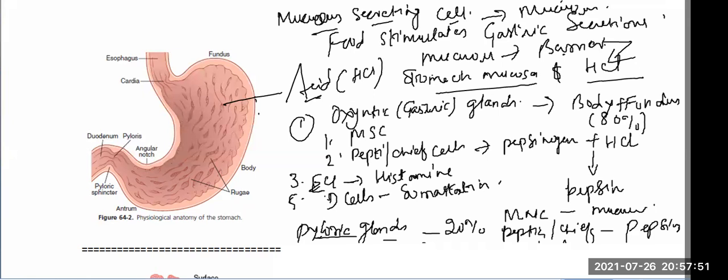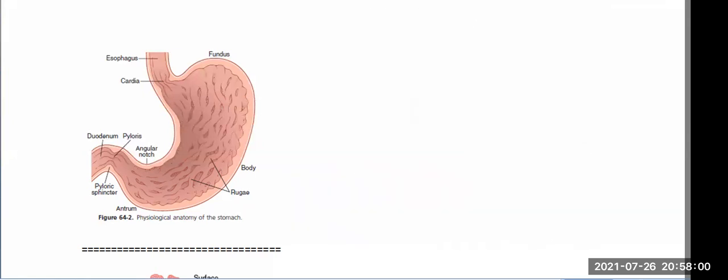Now we'll be talking a little on the secretion of hydrochloric acid, the details of how parietal cells secrete hydrochloric acid. Now you have surface mucous cells. We have already talked a little about them.